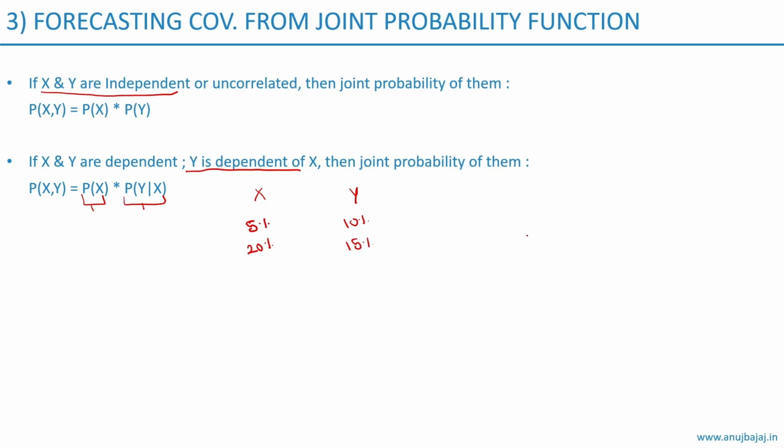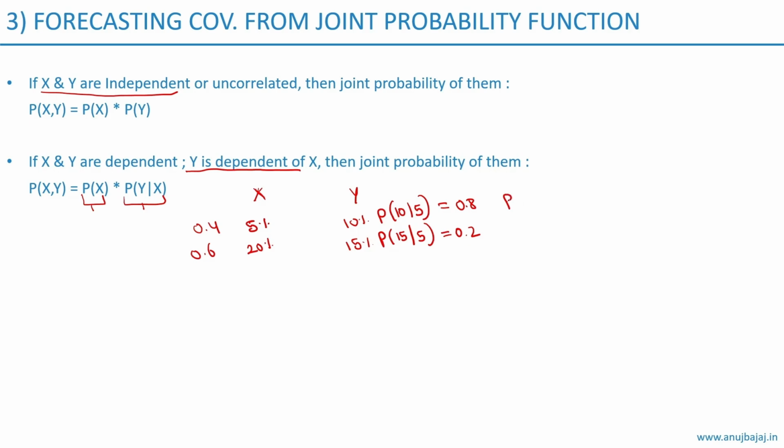Because asset X is independent, the probability of asset X generating 5% is say 40% and it generating 20% return is 60%. Now because asset Y is dependent on asset X's return, the probability of asset Y generating 10% return given that asset X has generated 5% return equals 80%, and the probability of asset Y generating 15% return given that asset X has generated 5% return equals 20%.